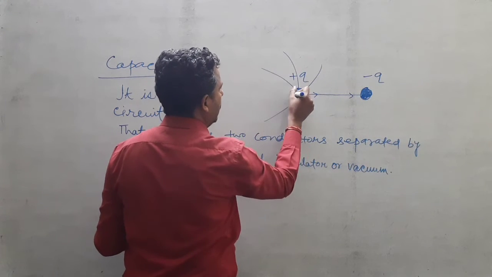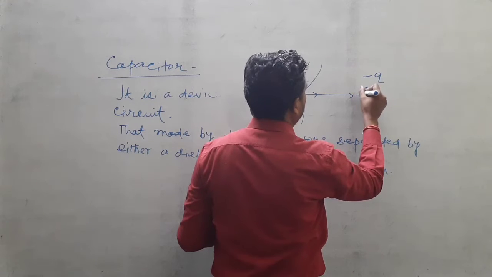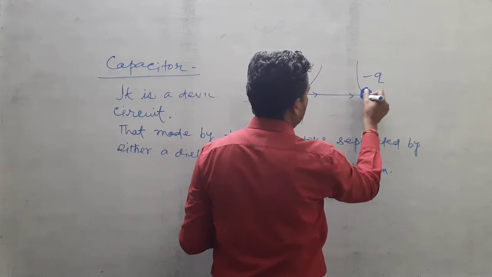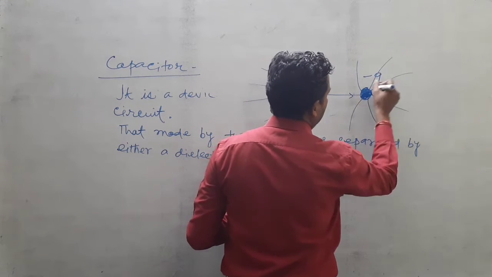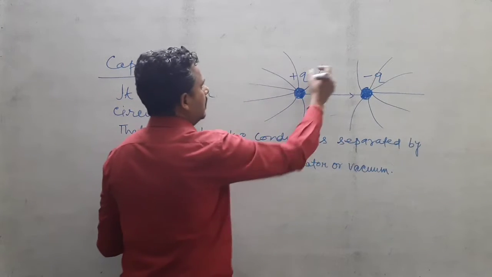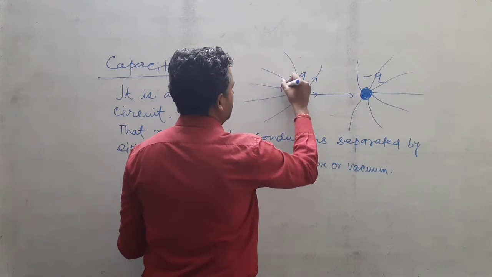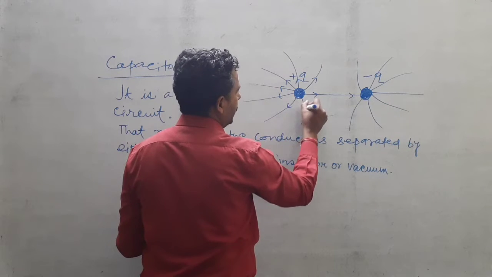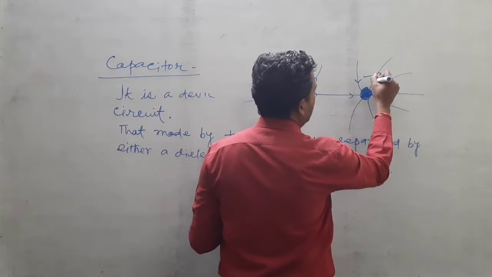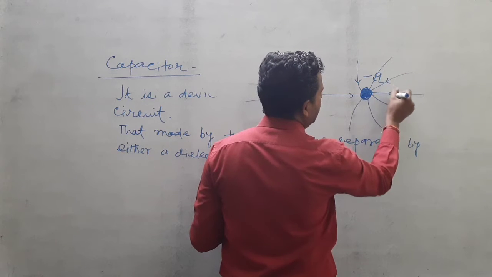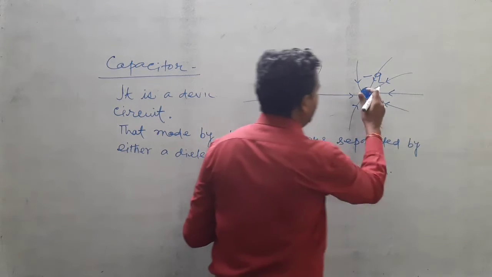Field lines would be like that. You can see, from the surface to infinity for positive charge, and for negative charge from infinity to the surface of this charge.